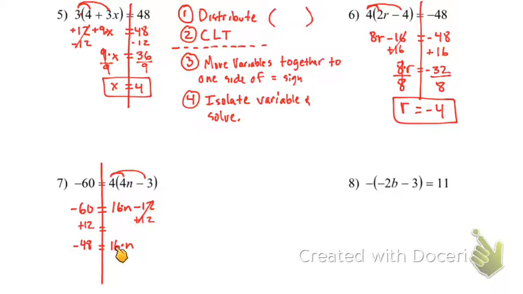Then we are going to divide both sides by 16 to get rid of 16. Negative 48 divided by 16 is going to give me negative 3 equal to n.